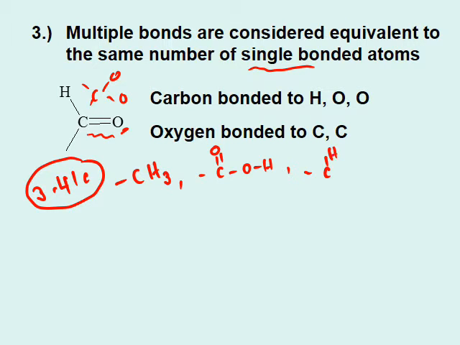CH2, then OH, OH, and the last one is CH double bond O. So I need to assign priorities to these, and I'm going to identify the lowest priority and go towards the highest.